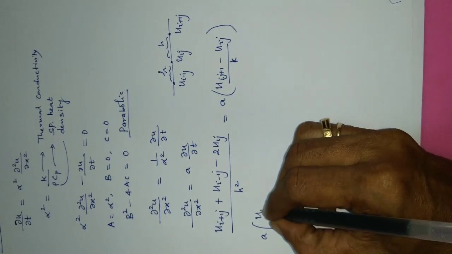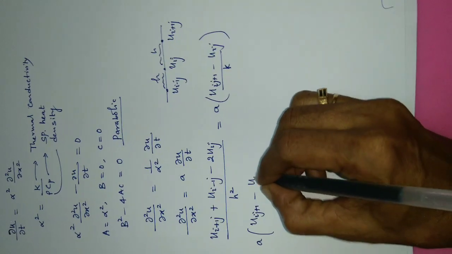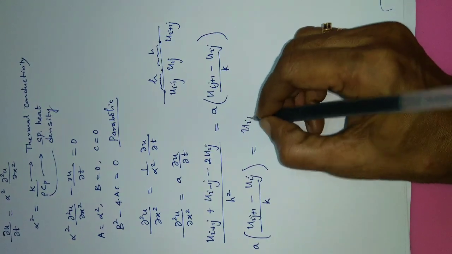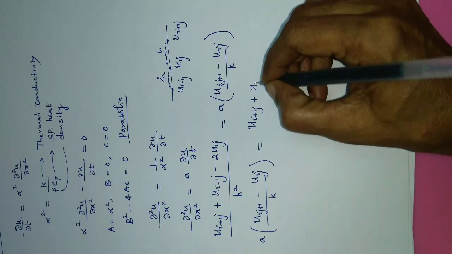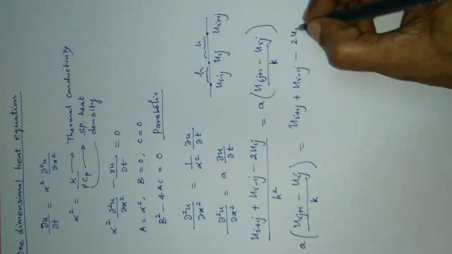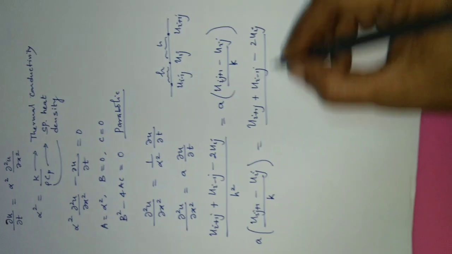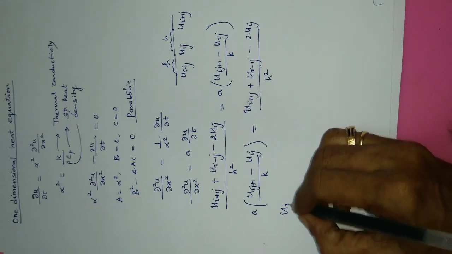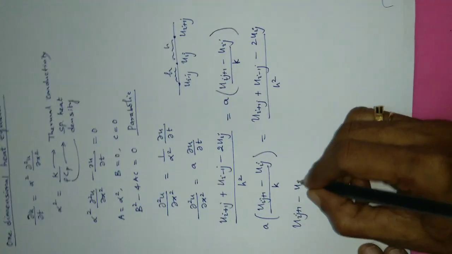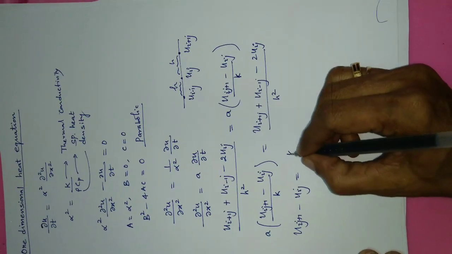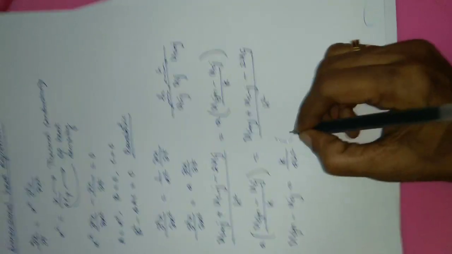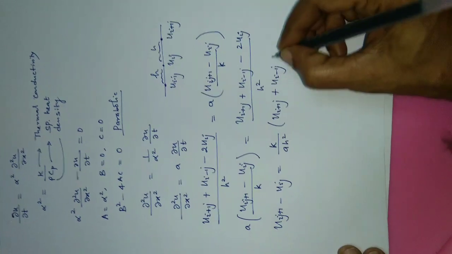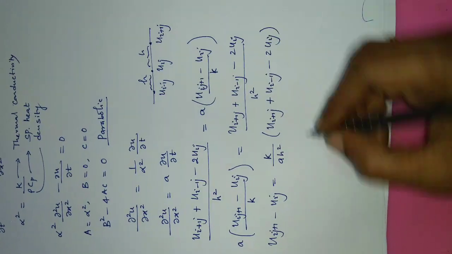A times (u(i,j+1) minus u(i,j)) by k equal to (u(i+1,j) plus u(i-1,j) minus 2u(i,j)) by h². So we'll cross multiply. So u(i,j+1) minus u(i,j) equal to k by A h² times (u(i+1,j) plus u(i-1,j) minus 2u(i,j)).